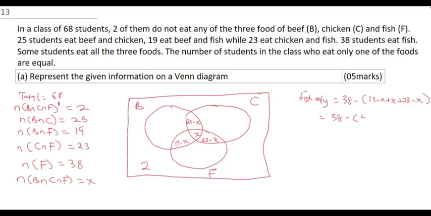You're going to get 42 minus X, cancel X, and you're going to have here minus X. Now this is going to give us minus 4 plus X, which is the same thing as X minus 4.